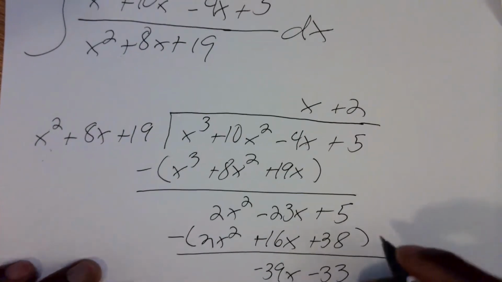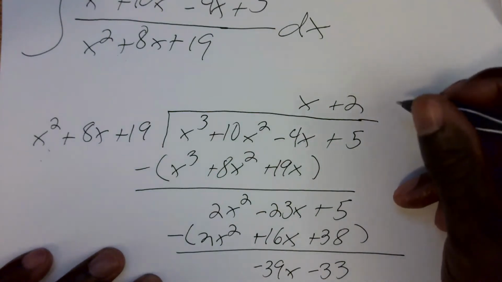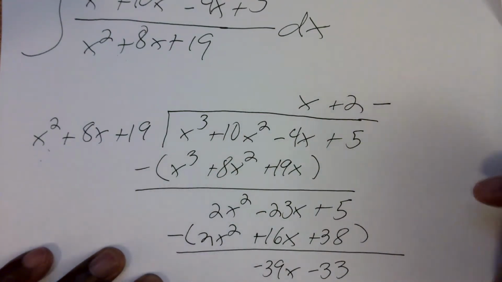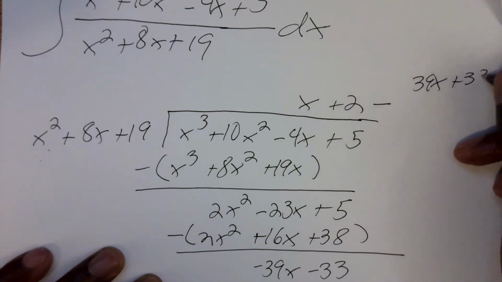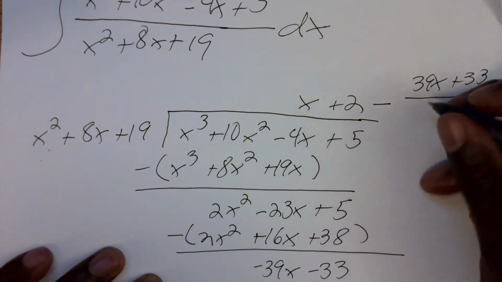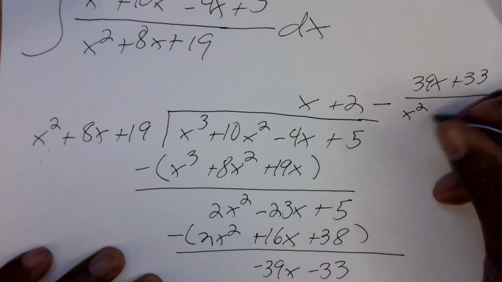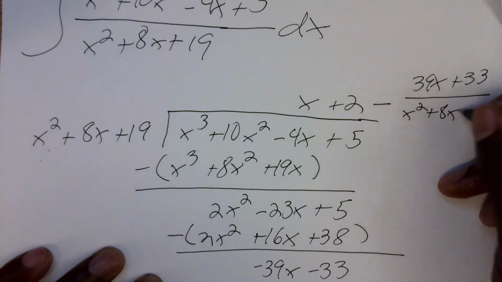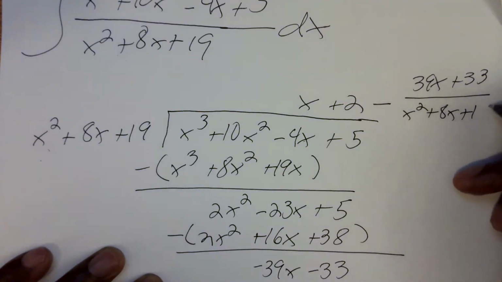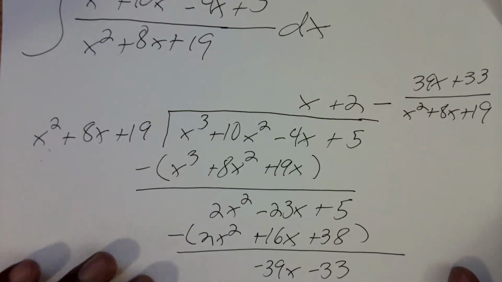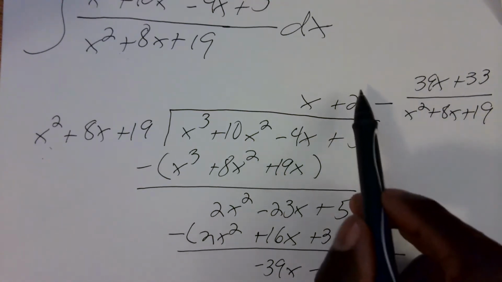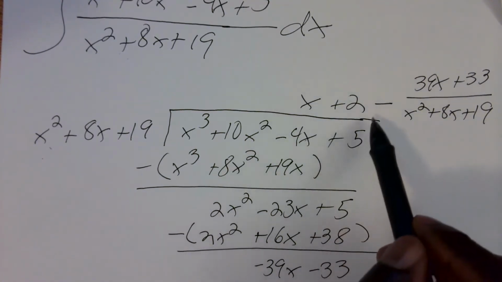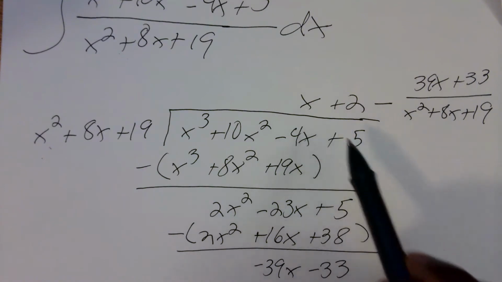And so the answer would be x plus 2 plus, well, let me say minus (39x plus 33) over x squared plus 8x plus 19. And so now this is the guy we can integrate.